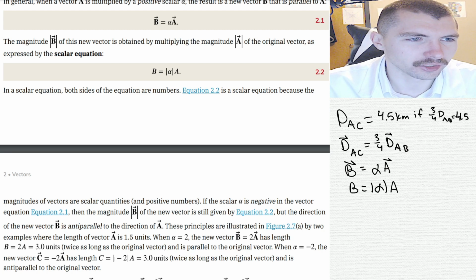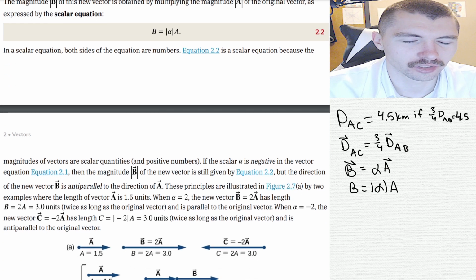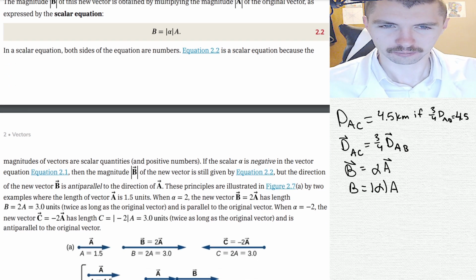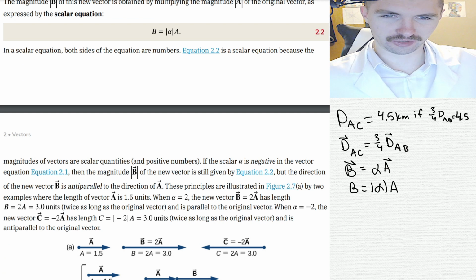Here's a scalar equation. Both sides of the equation are numbers. So that's probably what you might recognize from elementary school, K through 12.